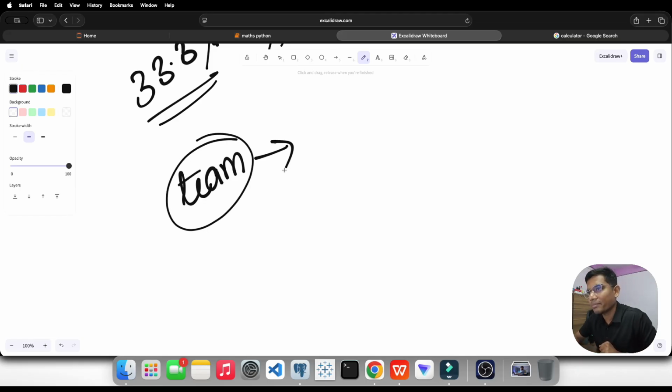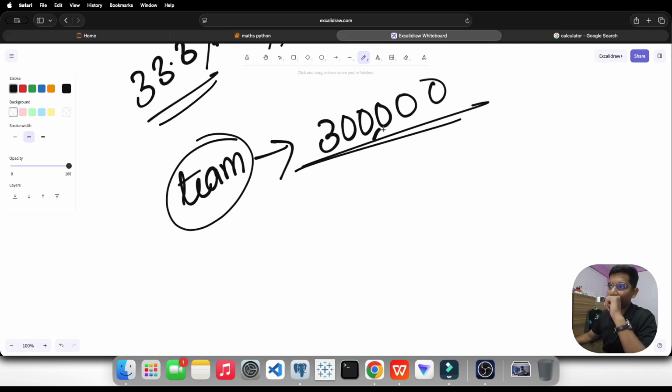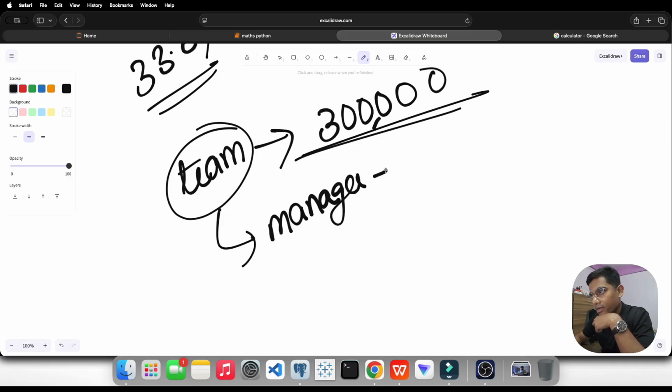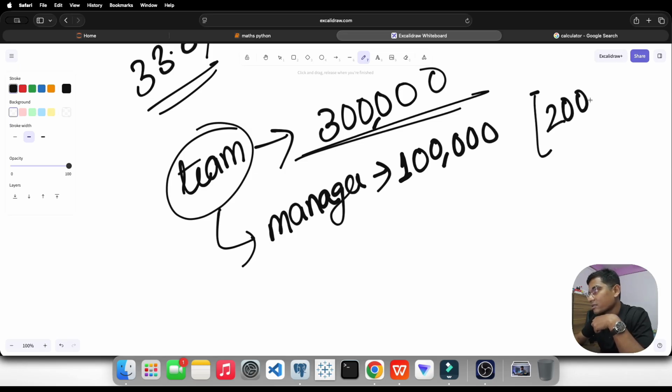Same thing if I talk about a team and manager. Suppose this is a team and HR sets a budget of, suppose I would say, 3 lakhs. HR calls you, and you are the manager of the team and your salary is what? 1 lakh. Right now how much is the budget left out of the total? 2 lakhs.